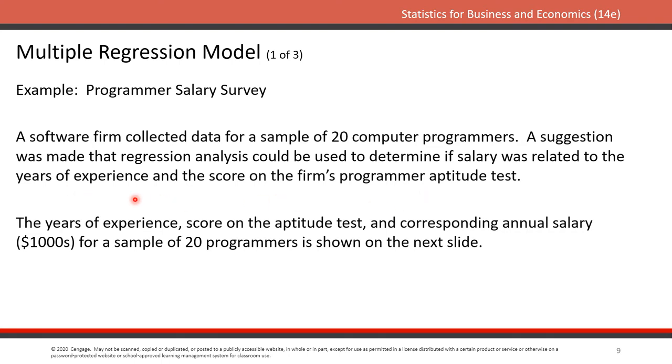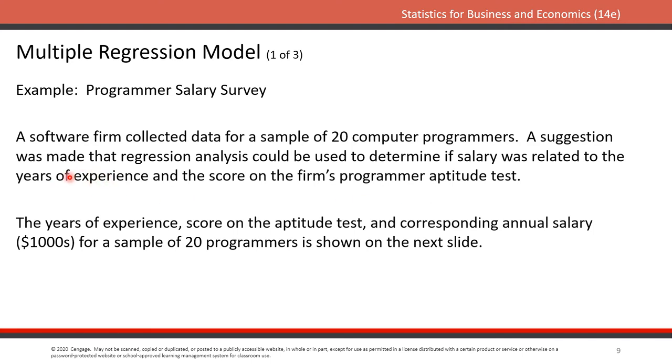I just had a presentation at a national conference where we discussed how sometimes this is not necessarily a good thing. Sometimes you don't want to do these after accounting for one another, but often it is a good thing. Often it's really nice to see what the unique effect of years of experience on salary is, and what the unique effect of programmer aptitude on salary is, again after accounting for years of experience.